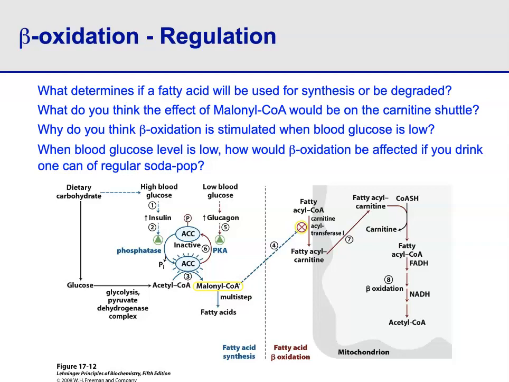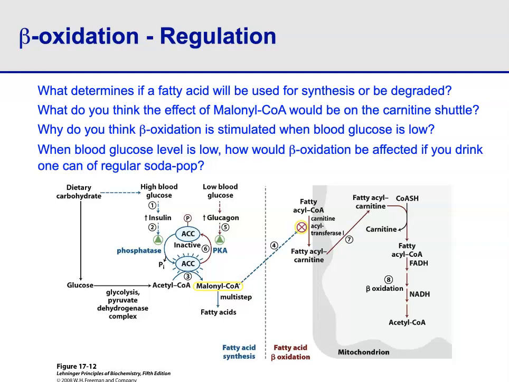All right. Next question. Why do you think beta oxidation is stimulated when blood glucose level is low? Well, we kind of already talked about it. You need energy. You don't have sufficient glucose, so the body wants to shift its energy production to fat from deposits.